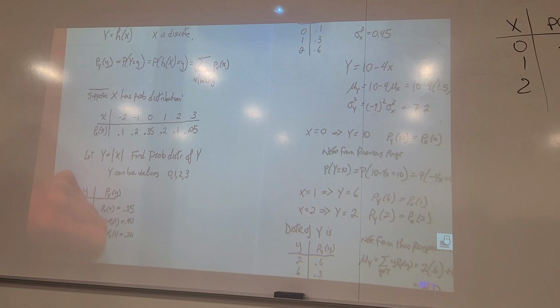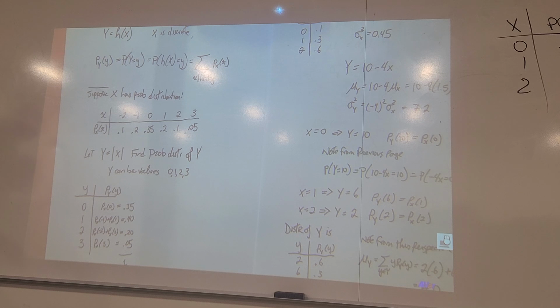So that would be P_X of 3, and there is my remaining 0.05. Theoretically, I've got another valid probability distribution. It needs to add up to 1, of course. How's that feel? Does that seem okay?